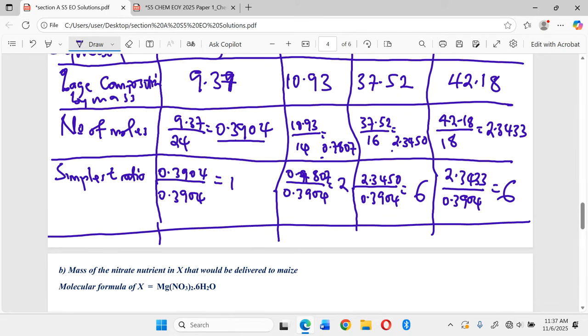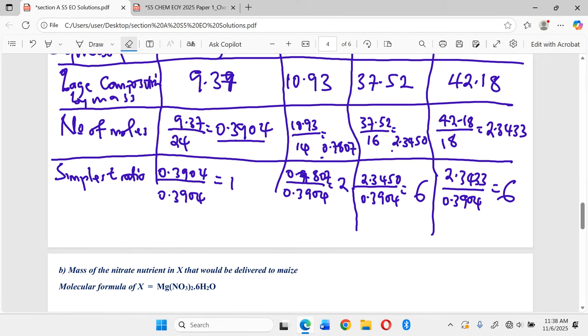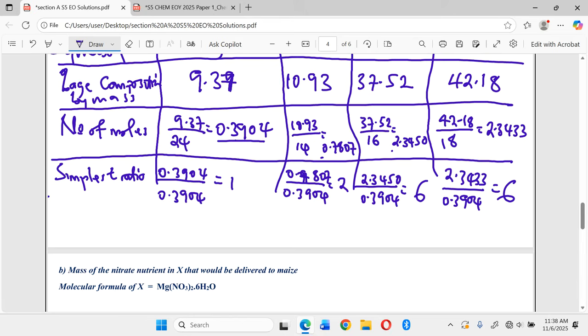So which means the empirical formula here will be the nitrogen. I think we can rub a little bit here, so that it can fit. I want to see how we can fit it very well.